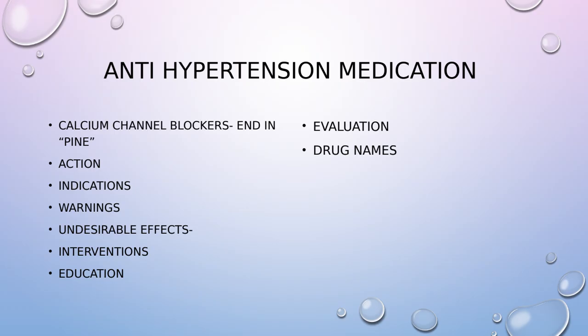There's enough migraine meds on the market that they would have to be completely exhausted for the most part, I think, before a PCP, a provider, would put someone on a calcium channel blocker. So there's a lot of these pine medications that can be used as a monotherapy or can be used in conjunction with other types of antihypertensive medications.